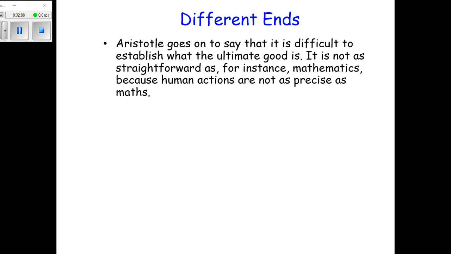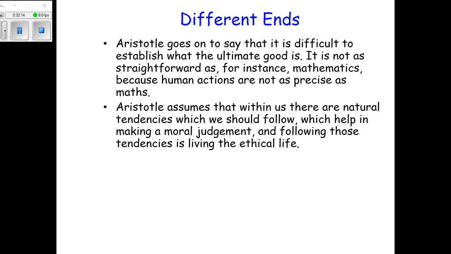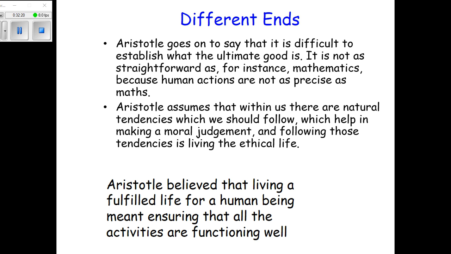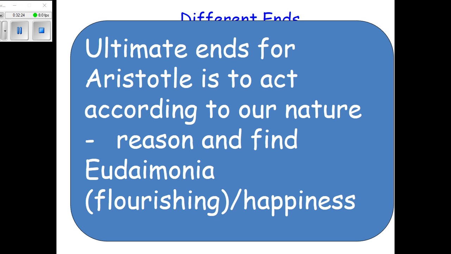So, Aristotle goes on to say that it's difficult to establish what the ultimate good is. It's not as straightforward as maths, for example. And we have natural tendencies which help us make moral judgments. But he believed that it was a fulfilled life called eudaimonia, flourishing or happiness.